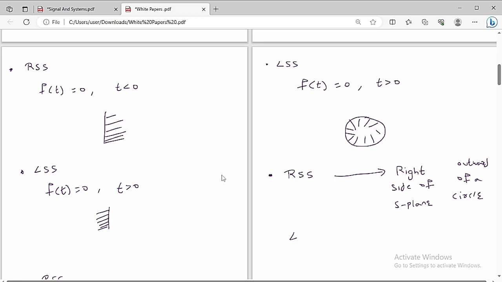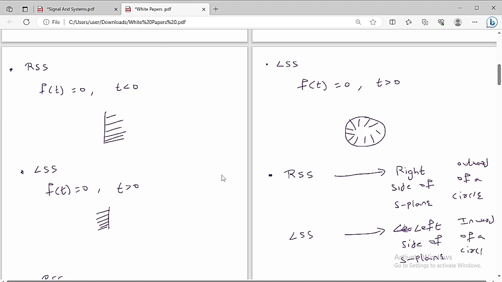Similarly, if it is a left-sided signal, meaning f of t is equal to 0 for t greater than 0, or f of n is equal to 0 for n greater than 0, then it is the left side of the S-plane, and it is inward of a circle.